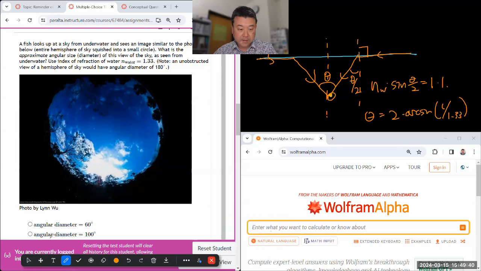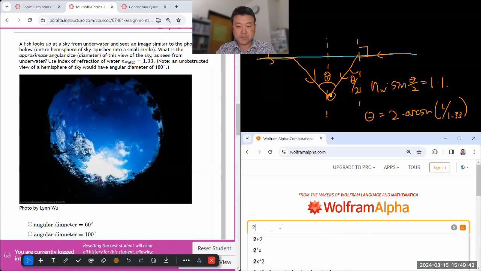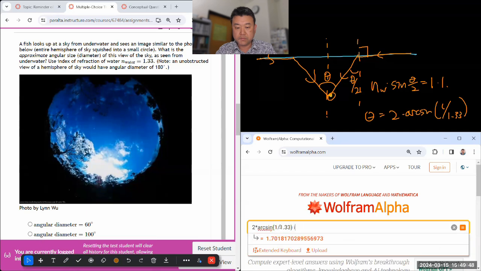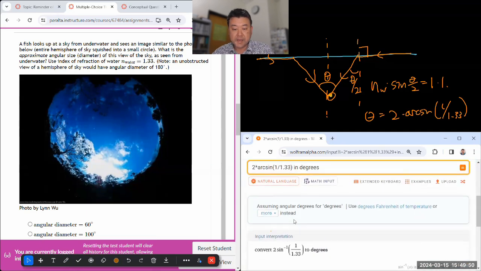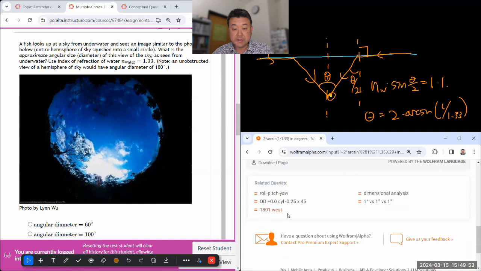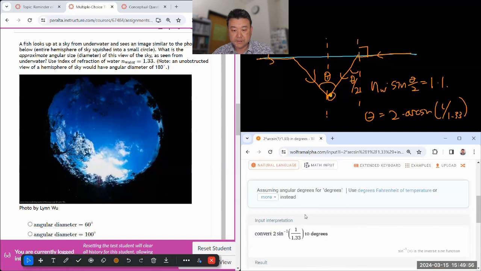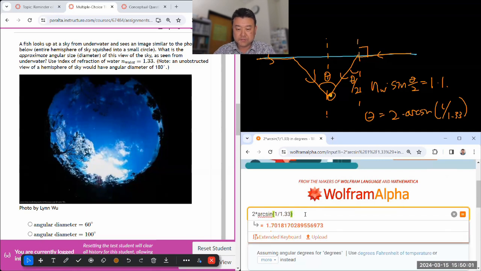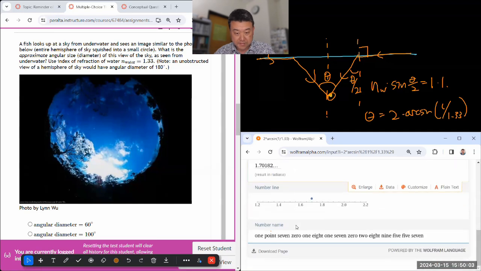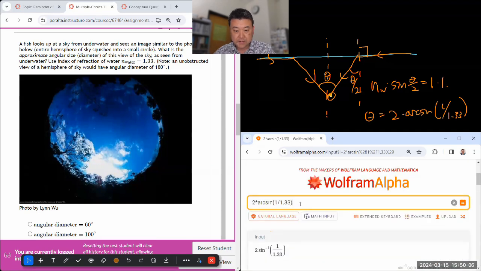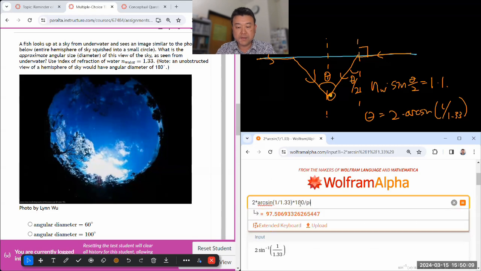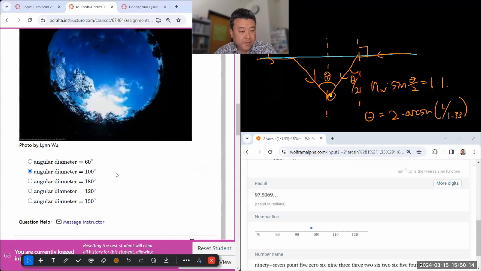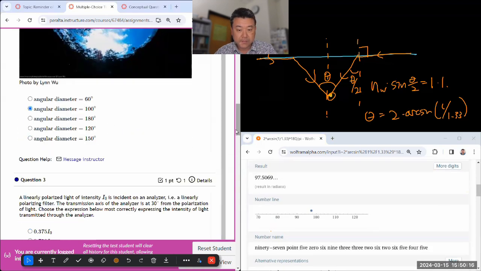So with that, I calculate 2 times arcsine of 1 over 1.33 in degrees. I don't get it. Never mind. Let me just do it that way. So it's gonna be an answer in radians, I think. So let me just multiply that by 180 divided by pi. So about 100 degrees, I think. Yeah. So about 100 degrees for angular diameter.